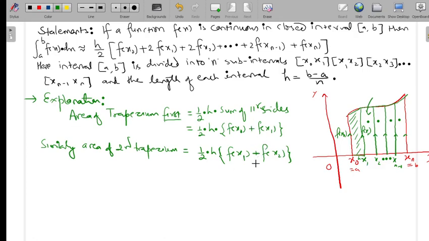If we combine these two trapeziums, 1 by 2 times h is common, f x0 plus f x1 plus f x1 plus f x2.